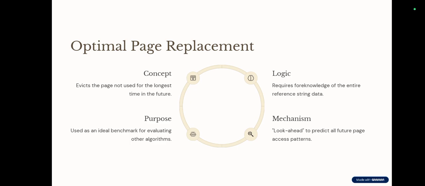The concept is to replace the page not used for the longest time in the future, and the purpose is to be an ideal benchmark for evaluating other algorithms. The logic requires foreknowledge of the entire reference string, and the mechanism looks ahead to predict all future page access patterns.